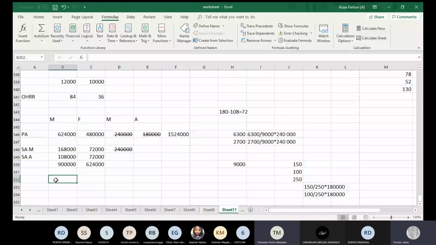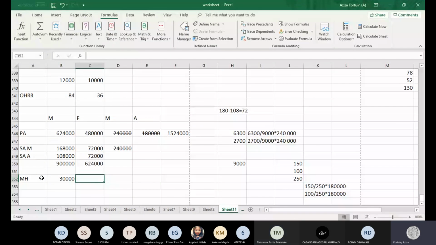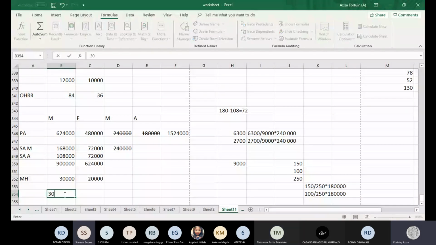Yes. So my milling machine hours was 30,000 hours, and my finishing was 20,000 machine hours. So we divided, and we got 30 rand per hour, and here we got 31 rand 20, if I'm correct.